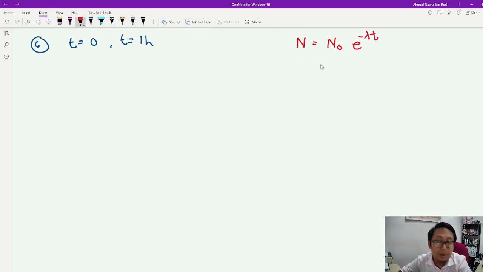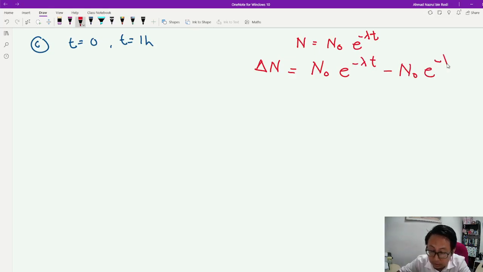To find the decays between t equals 0 and t equals 1 hour, we use delta N equals N naught exponential minus lambda t minus N naught exponential minus lambda (t plus delta t).